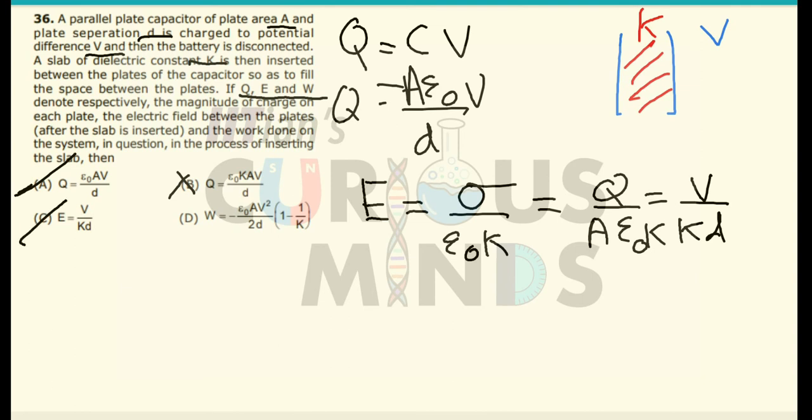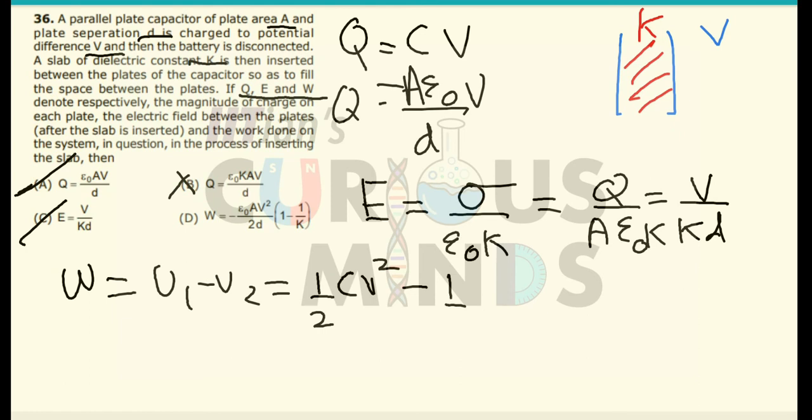Now we have to find out the work done. Work done will be equal to the initial energy minus the final energy. Initial energy is half CV square. In terms of charge it would be simpler: half Q square divided by C initial minus half Q square divided by C final.